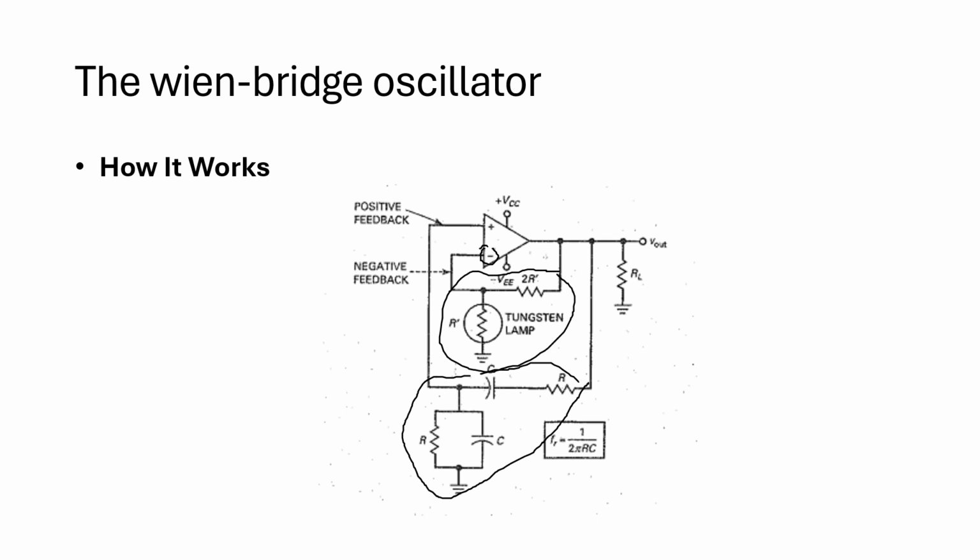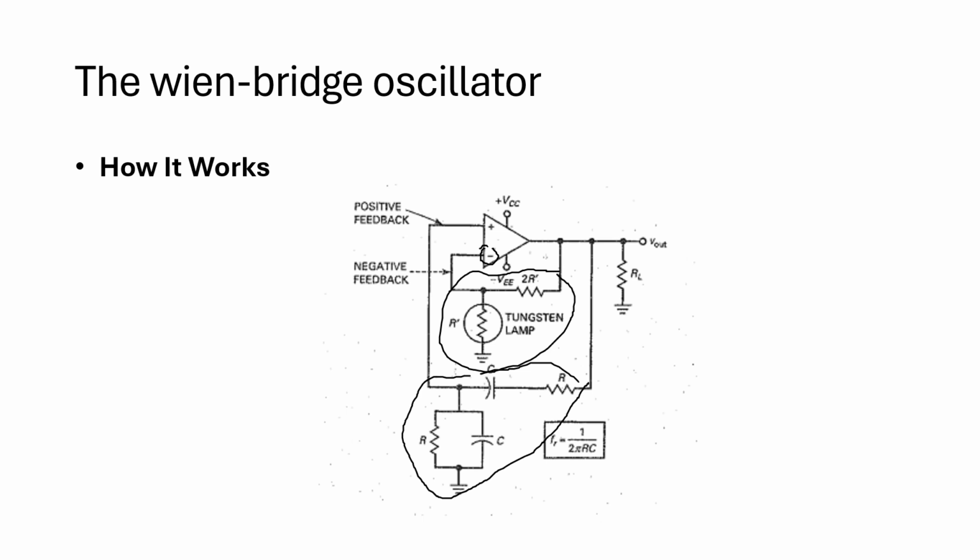Initially, when our circuit is turned on, the positive feedback is greater than the negative feedback to allow the oscillations to build up. If you remember, a while ago we mentioned that at the starting point your gain must be greater than 1, and then eventually when oscillation starts, we lower it to 1.